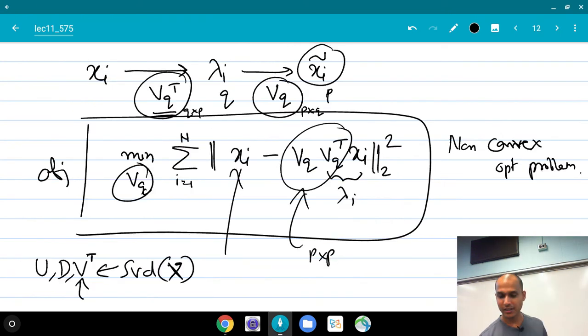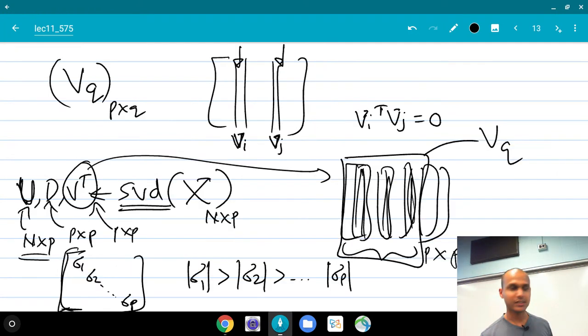The VQ that I was supposed to get from this minimization objective is the same as calling an SVD function in Python or R or MATLAB, and it will be a P cross P matrix. Just drop some of the columns in that matrix. In the V matrix, drop exactly P minus Q columns, and then you'll get only Q columns. They are all going to be orthogonal. It's a property of SVD, and that's the best. That's the solution of the previous optimization problem.